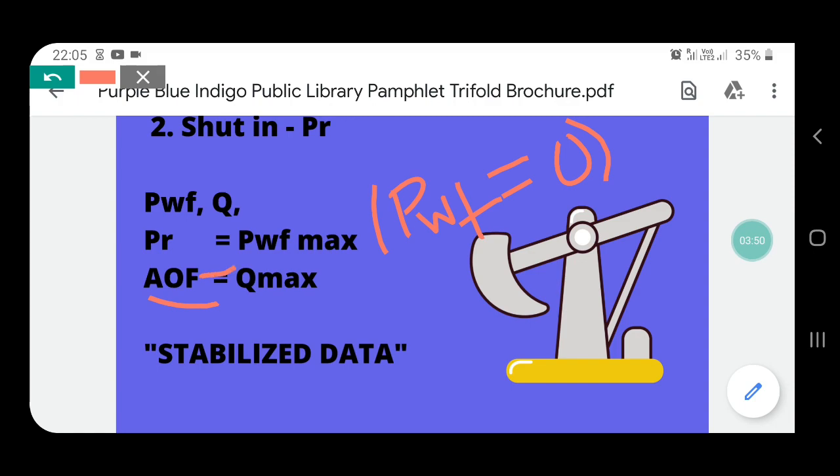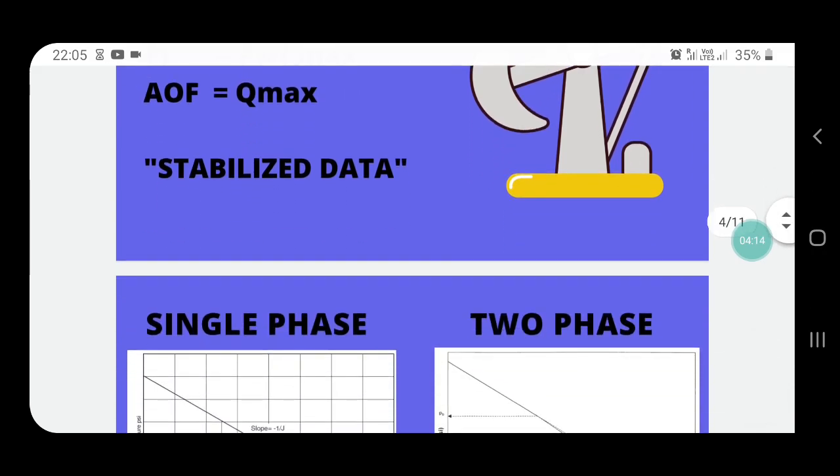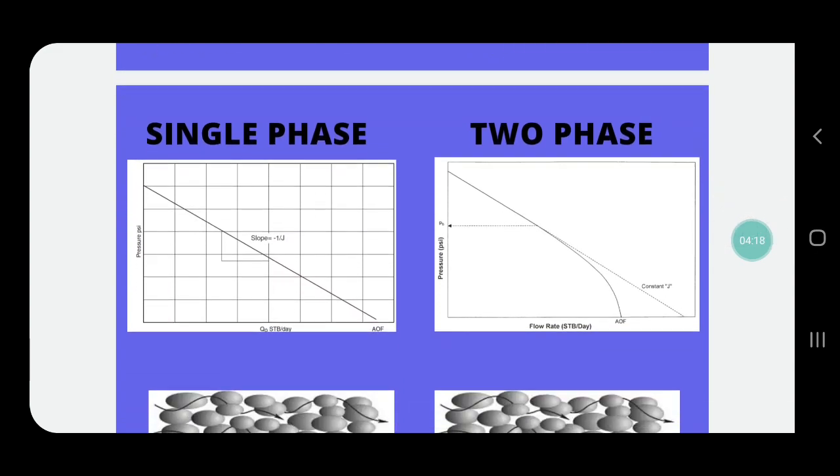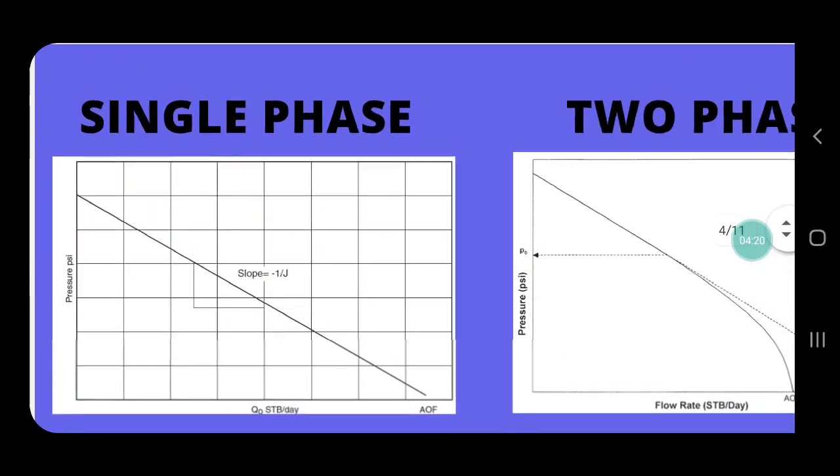So this AOF or Qmax has its utility when you derive the IPR equation for two-phase flow, and it also gives you an idea of the productivity of the well. The higher the value of AOF, the higher will be your productivity. This is a general statement. A few exceptions might exist.